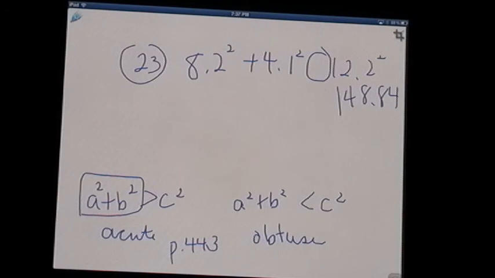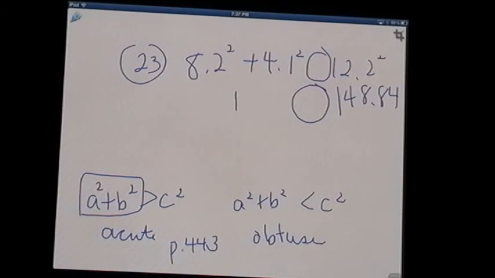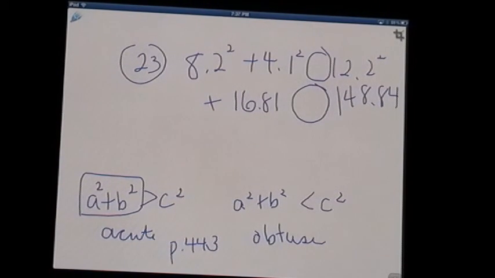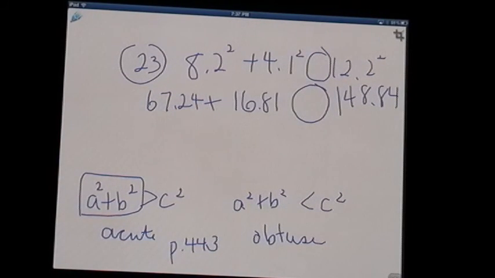Now it has to be exact for it to be a right triangle, keep that in mind. 4.1 squared is 16.81, and 8.2 squared is 67.24. Add 67.24 and 16.81 and you get 69.05. And that is way less than 148.84.